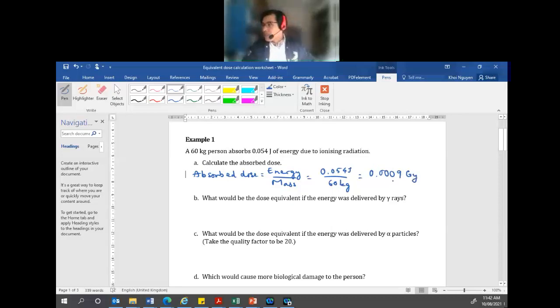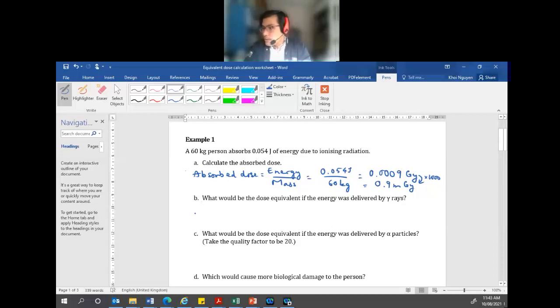Very, very small scale. Now, if you want to, you can also convert this into milligray. Remember that there is 1,000 milligray in 1 gray. So if we times it by 1,000, we would get 0.9 milligray. And that is a very small dose.